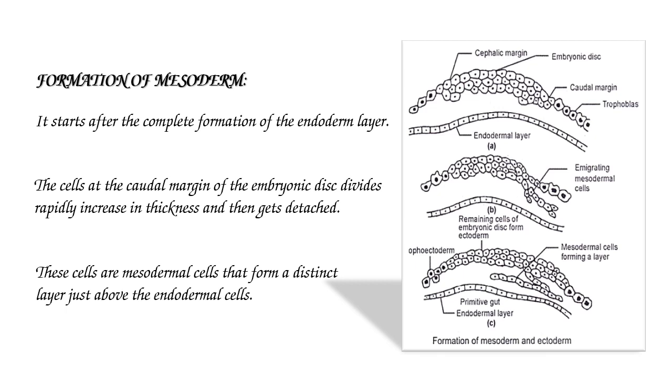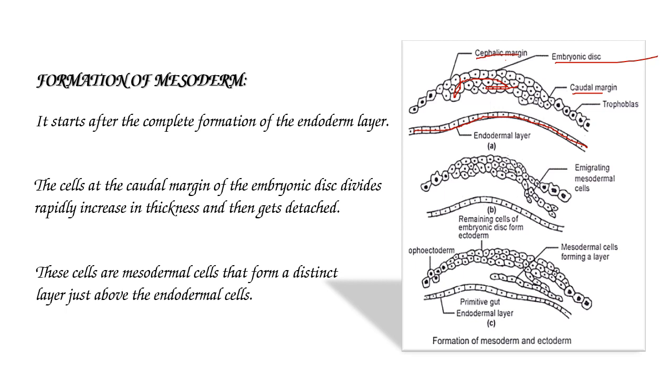So let's see this diagram. Mesoderm is formed after completion of the formation of this endoderm layer. Already we discussed in the previous slide, the remaining inner mass cells are called the embryonic disc. For this embryonic disc, one margin we call the cephalic head margin, and the other side we call the caudal margin.